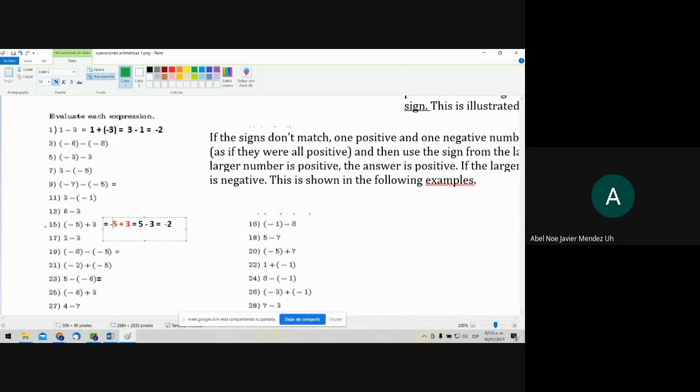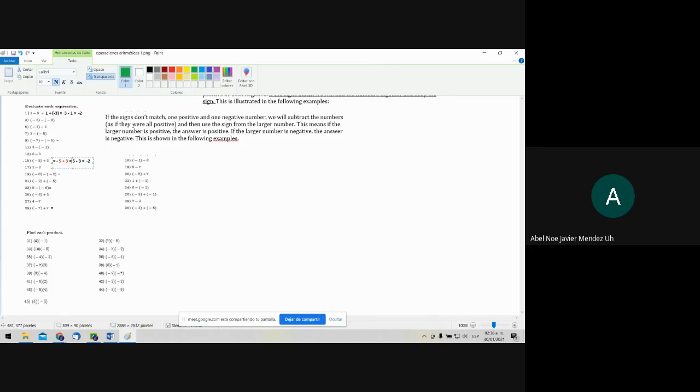here we have minus 5 or negative 5 plus 3 equals negative 2, like the rules tell us. If the signs don't match, one positive and one negative, we subtract the numbers as if they were all positive, and then use the sign from the bigger number.